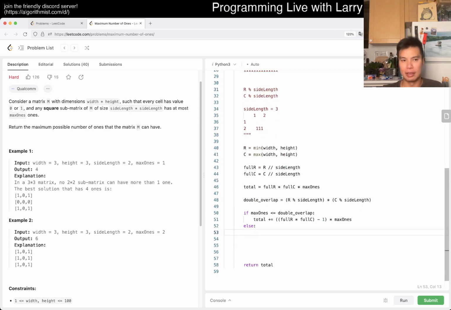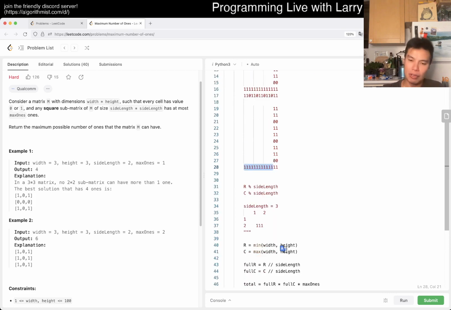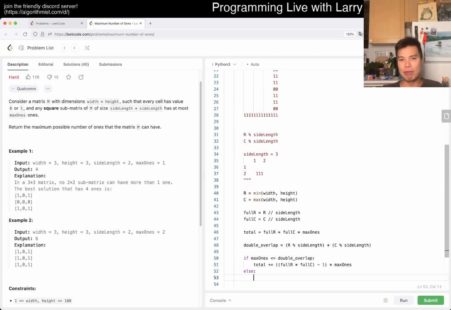Okay, I think I got it. So basically, now we're trying to figure out how many. Sorry, I have to think for a lot of stuff. But basically, every time we add, we have a max one left over, and we put it on the longer side. Well, that will add full C minus one, right?